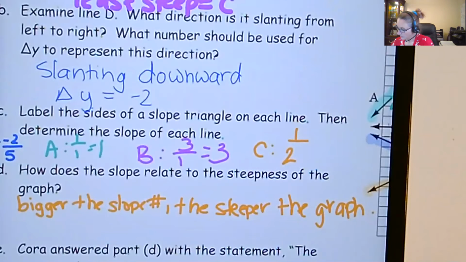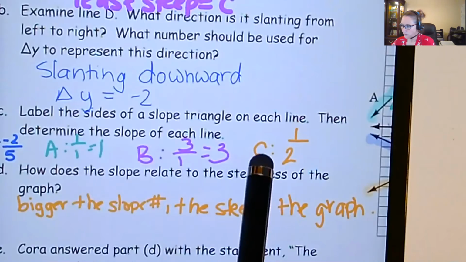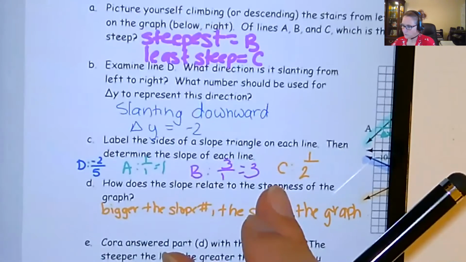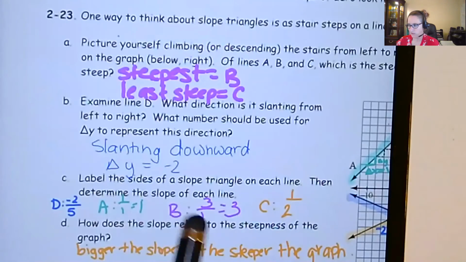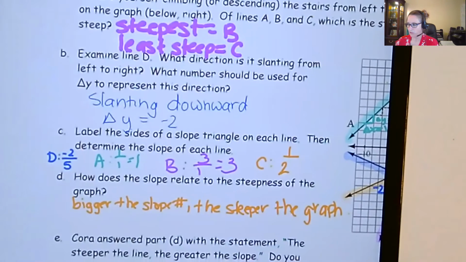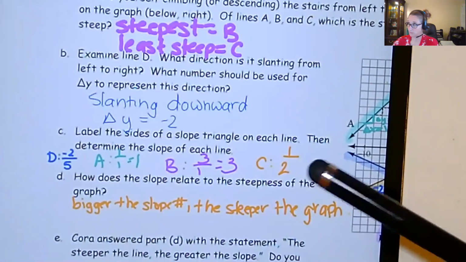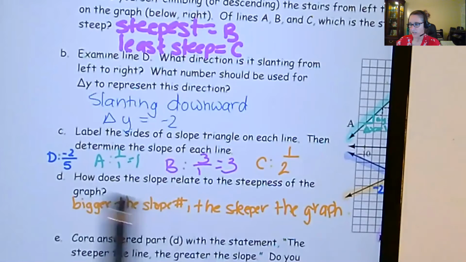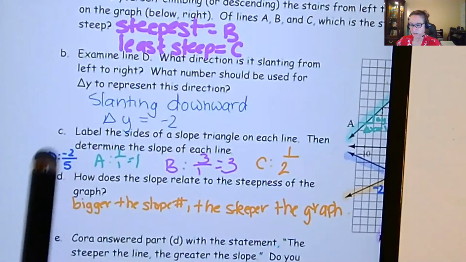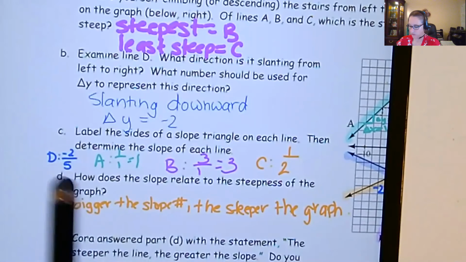Now, something else that you want to look at is 3 of these were increasing and 1 of these was decreasing. So these 3 that were positive, those were all increasing slopes. Those were all positive or going uphill type lines. This one here that had a negative slope, that was my downhill or my decreasing line.